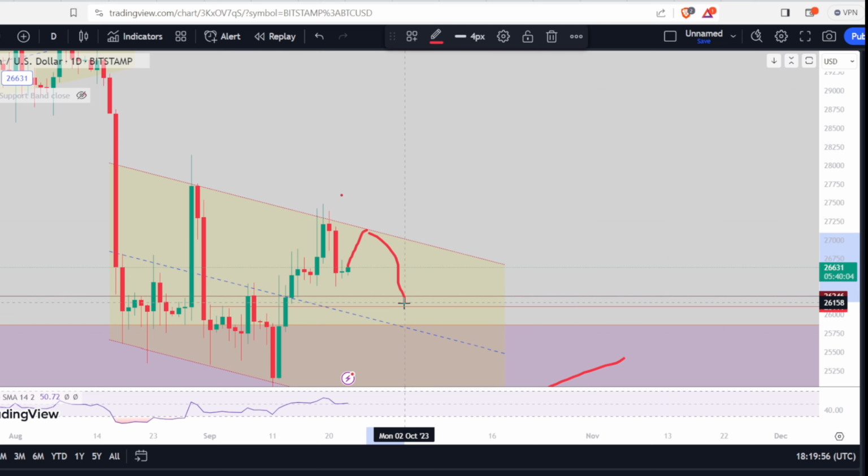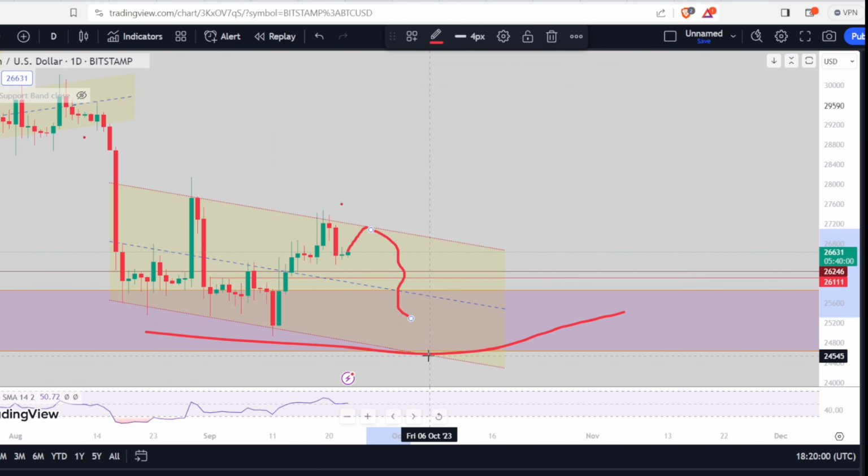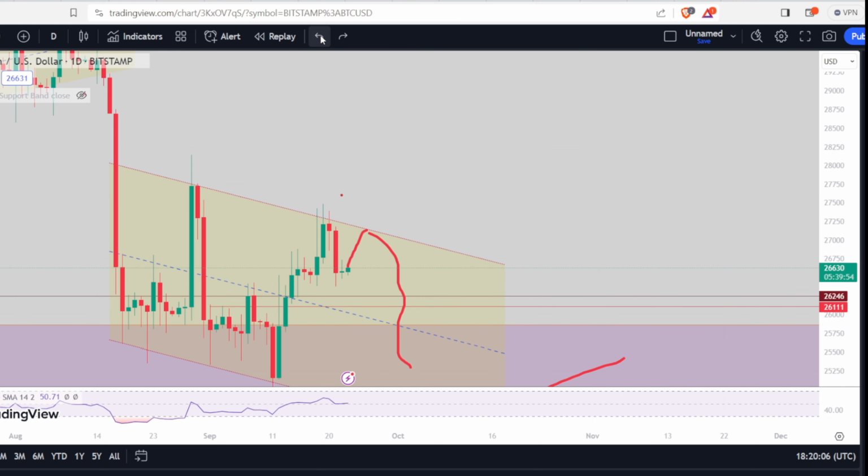Maybe we can see a rejection and then a start of this breaking down to test the lower side of this channel. But for now, to make a simple and quick trade, I think that is the case on the price action of Bitcoin.